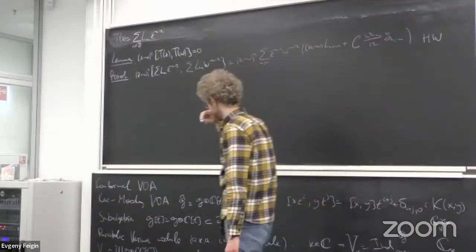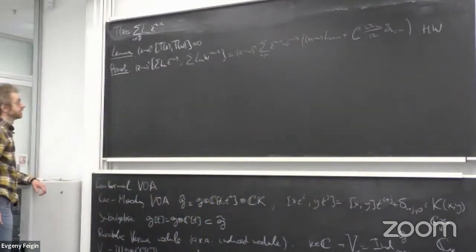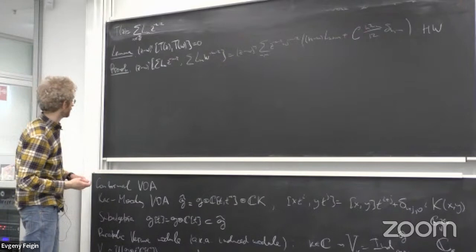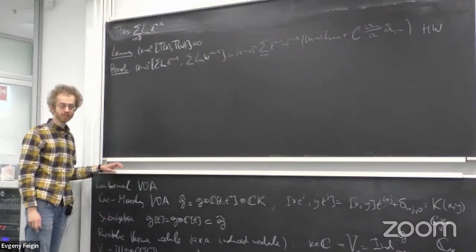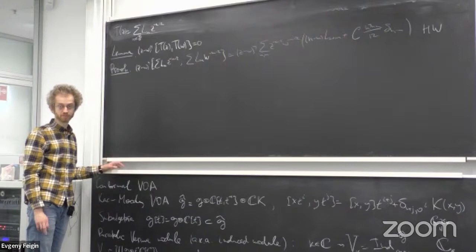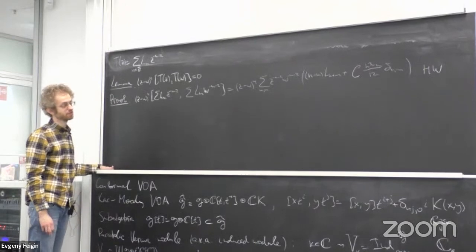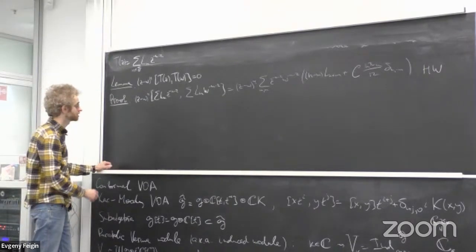Let me repeat once again that this is the formula which holds true in the universal enveloping algebra of the Virasoro Lie algebra. We don't need a vector space here. This is not about the action of the algebra, but about the operators themselves. But in order to organize the vertex algebra, we need a vector space, and for that, let us mimic the construction we had in the Kac-Moody case.